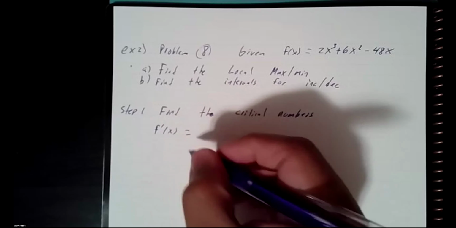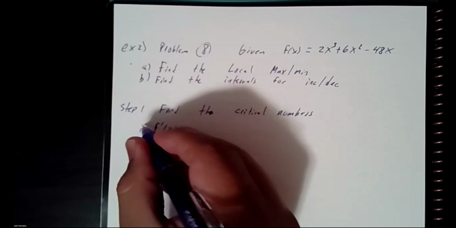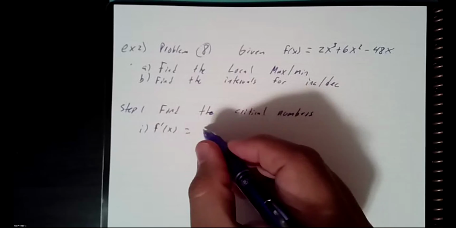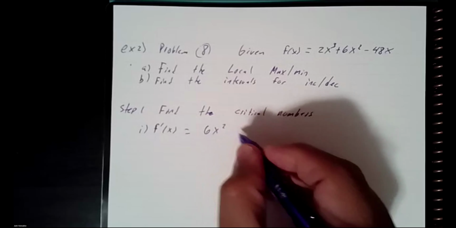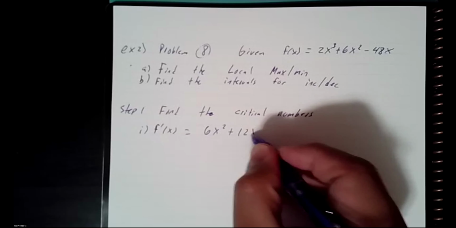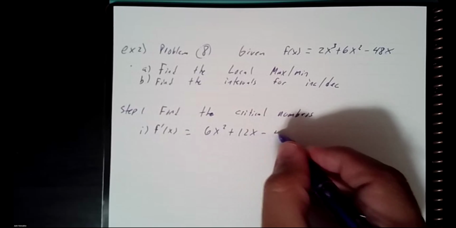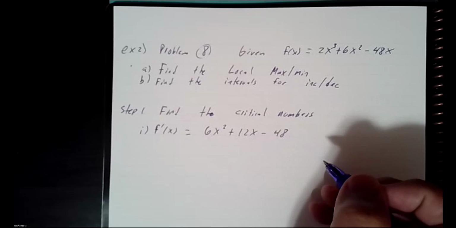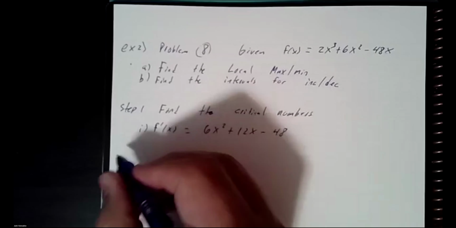So first step, find the derivative. That will be 6x squared plus 12x minus 48. Set this to 0.